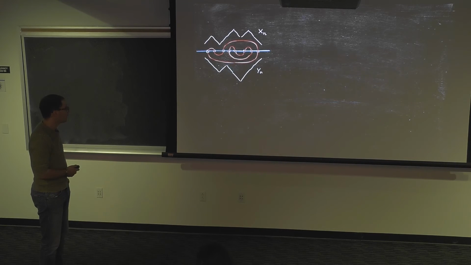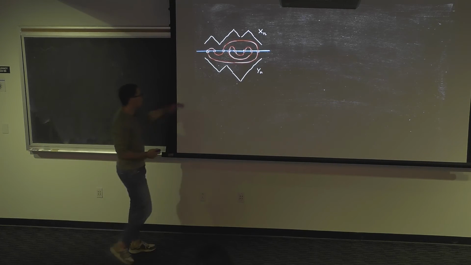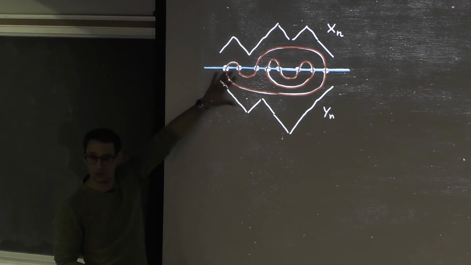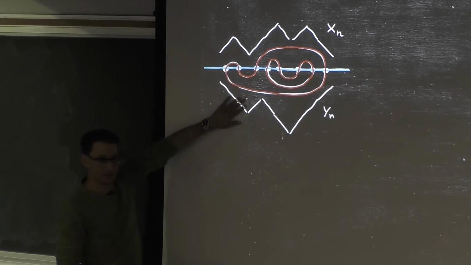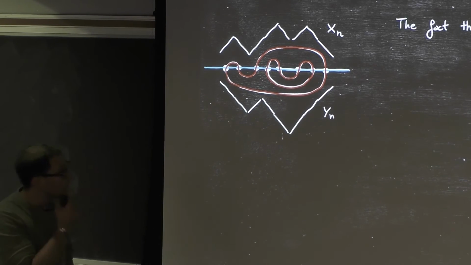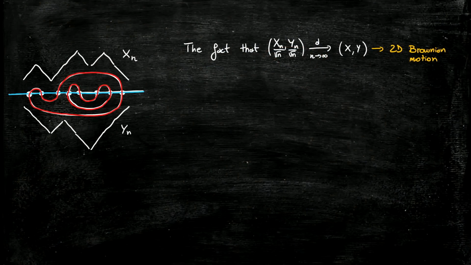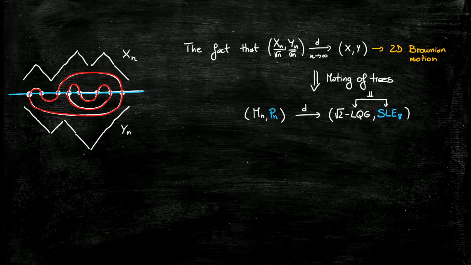So remember that a meandric system can be encoded by this pair of walks. Let's call the top walk xn and the bottom walk yn. The fact that xn, yn converge, obviously, to a 2-dimensional Brownian motion in the infinite volume version, or to a 2-dimensional Brownian excursion in the finite volume version, gives immediately, using this mating of trees, the convergence of the first pair to the first pair in this Peano sense.